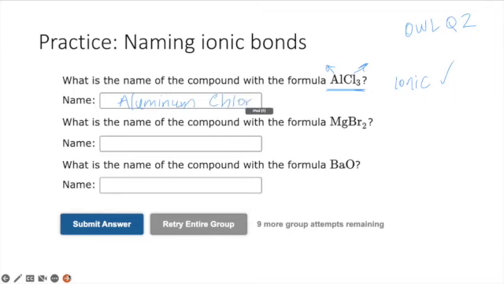And chlorine takes on its name, but with the ending "ide." Magnesium gets to retain its name. And bromine takes on the ending bromide. Barium oxide. Okay.